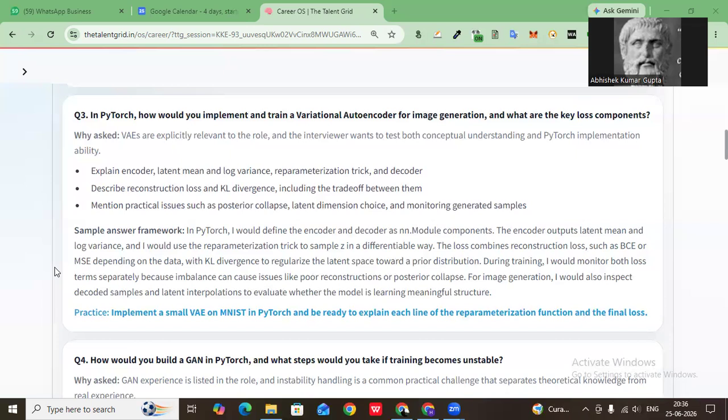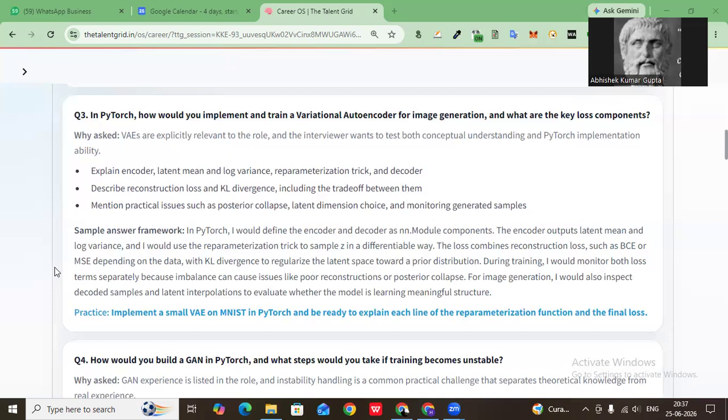During training, I monitor the loss terms separately rather than combined to catch imbalance easily. I logged them to track the structural quality over time. And I did a periodic evaluation by generating samples from a fixed random grid and tracking the latent space.